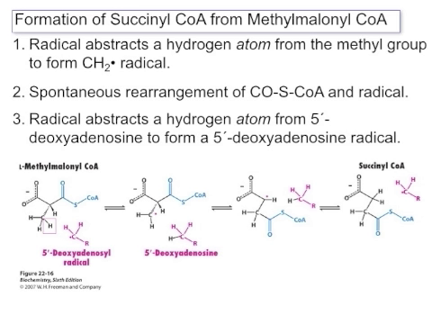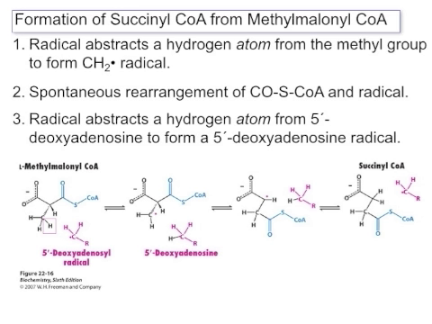This is going to spontaneously rearrange such that the carboxyl-CoA is going to migrate to the site where the radical is, and the electron is going to migrate to where the carboxylate coenzyme A was. This is the intramolecular rearrangement, and it happens spontaneously after radical formation.